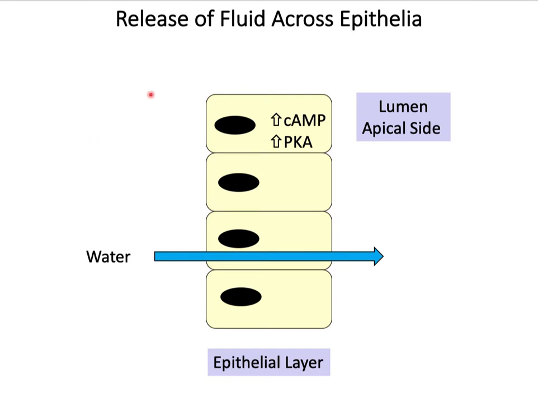So not shown in the diagram, but you have the binding of some signaling molecule to the cell surface receptor, activation of the stimulatory G protein, activation of adenylyl cyclase, and then finally shown in the slide is the accumulation of the cAMP. Then the activation of the PKA, and the final outcome is the flow of water across the epithelia. So how does this flow of water occur?